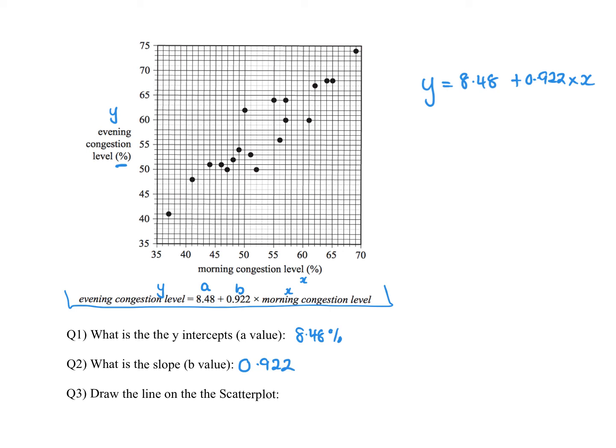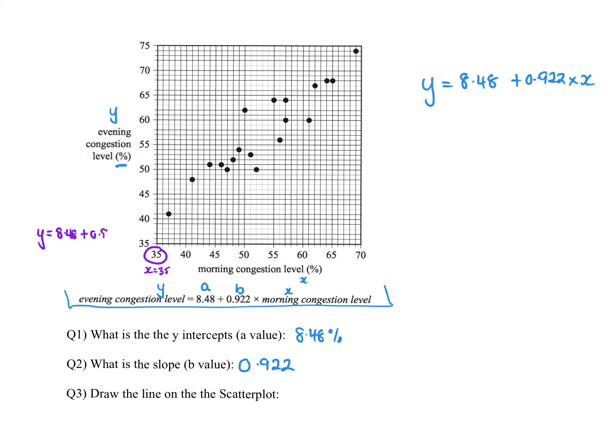And now, once again, we need to draw this line onto this graph. This is where we need to be careful, because this is not the y-intercept. See, they're starting the graph at 35 down there. So what you're going to have to do is sub x equals 35 into the formula to find out what the point is.